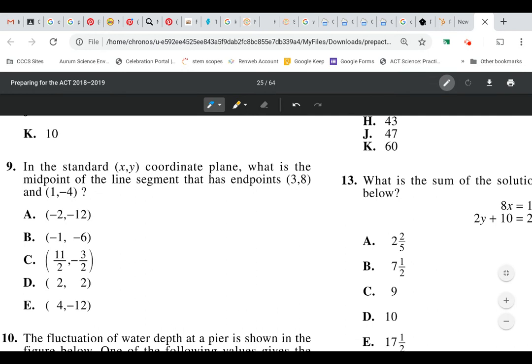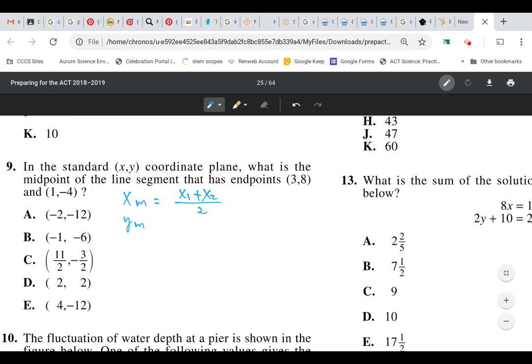In number 9, in the standard XY coordinate plane, what is the midpoint of the line segment that has endpoints 3, 8 and 1, -4? So you're definitely going to have midpoint and endpoint in ACT practice or test. The formula for midpoint is: the x coordinate of the midpoint is x1 plus x2 divided by 2.